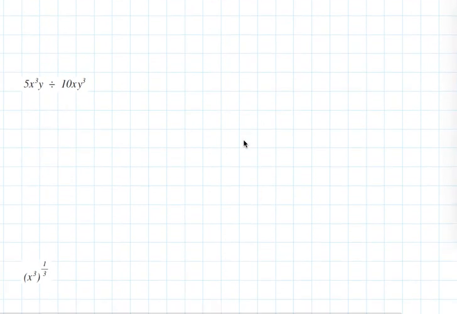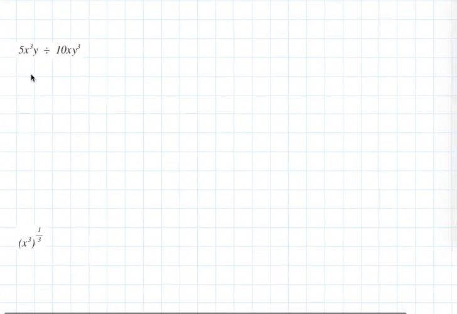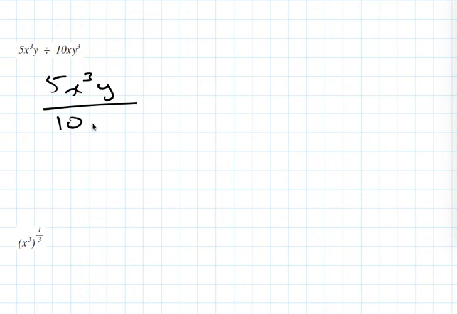Going back to the next one. 5x cubed y divided by 10xy cubed. So the x is eaten, that's 2 left, and the 5 and 10 leave 2.